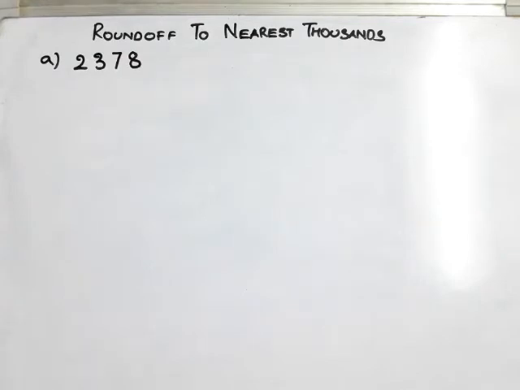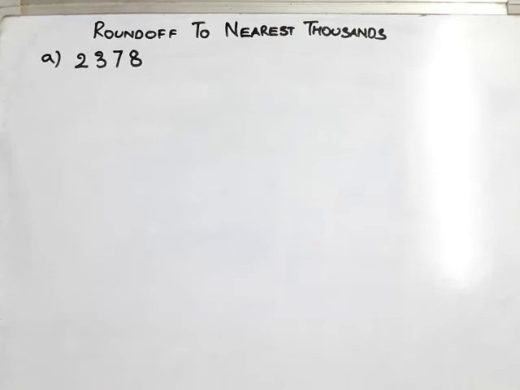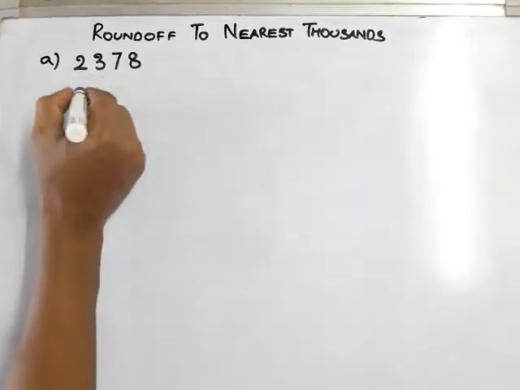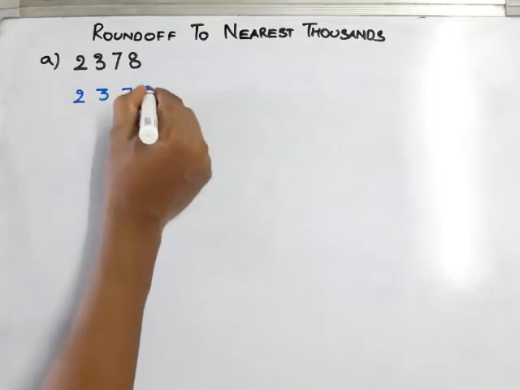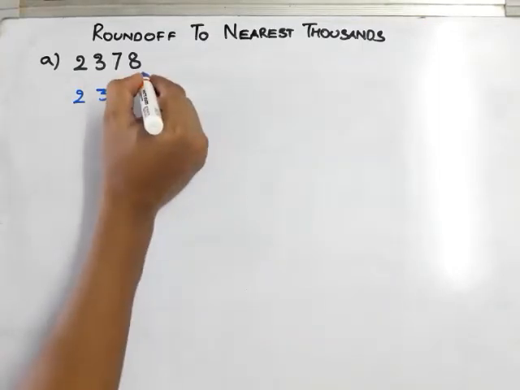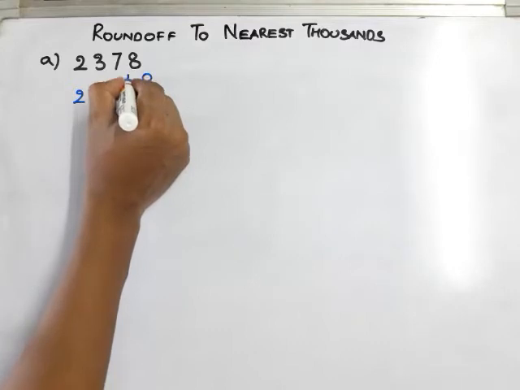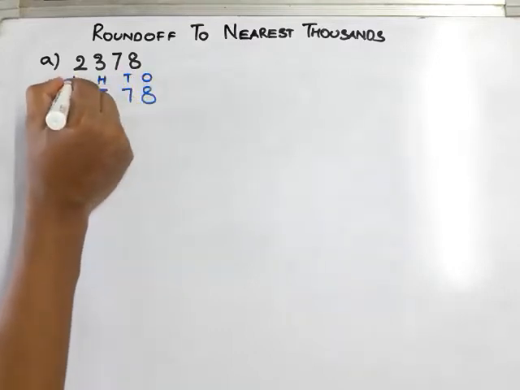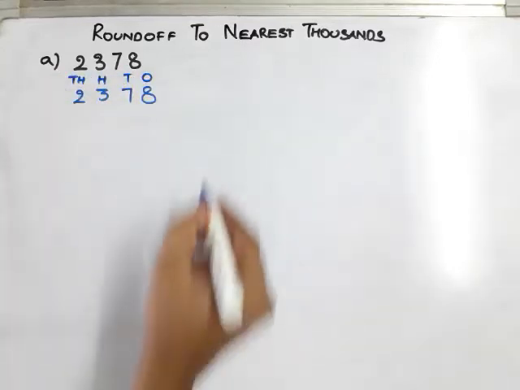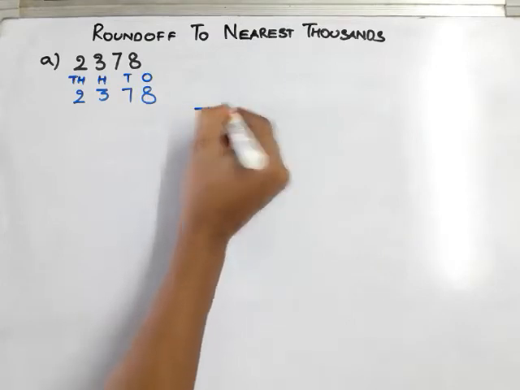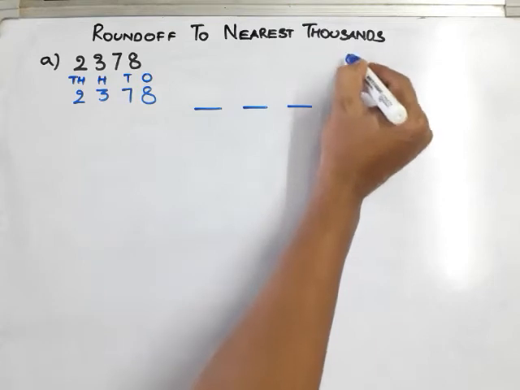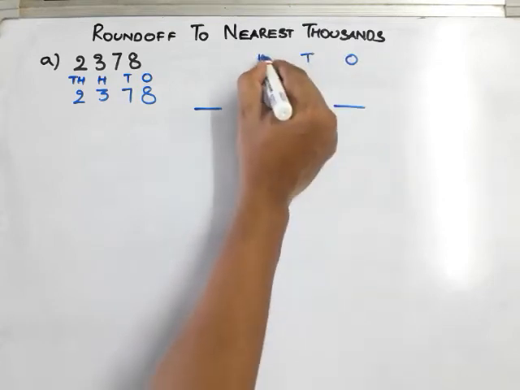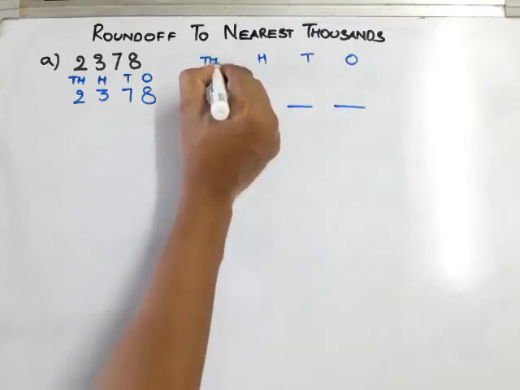As we have been discussing from the earlier topics, if we take the place values of 2378, they are ones, tens, hundreds, thousands. So the new number after rounding off will have four places, namely ones, tens, hundreds and thousands.